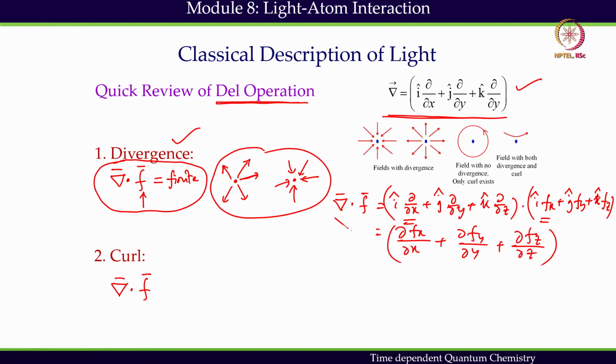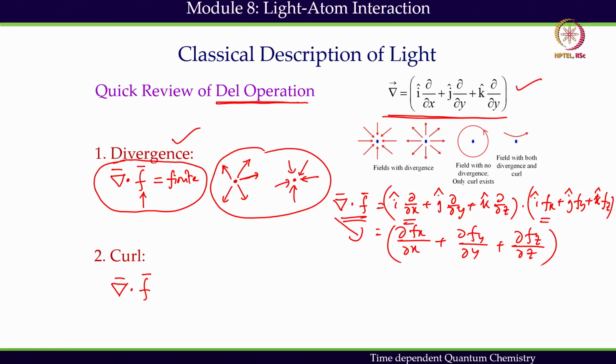So this is the mathematical derivation, but what does it mean? After doing all this, if I find that this dot product is 0, it will mean that the fields are not diverging from a point or converging to a point. That is the meaning it will hold.